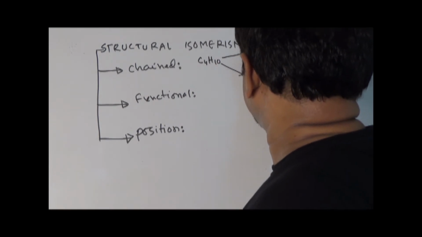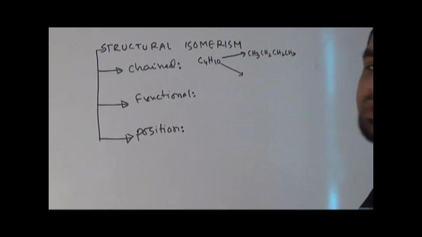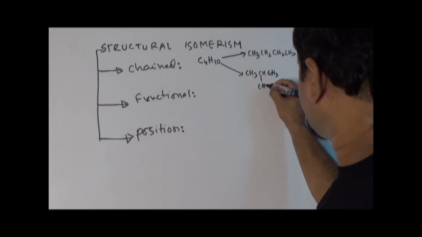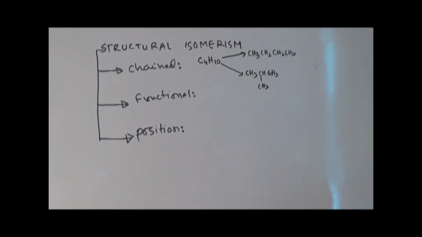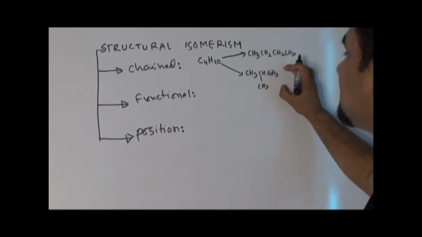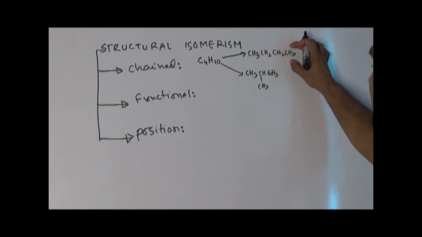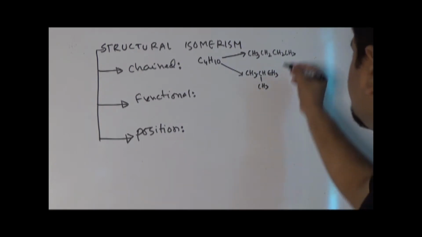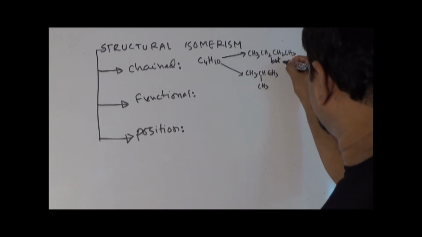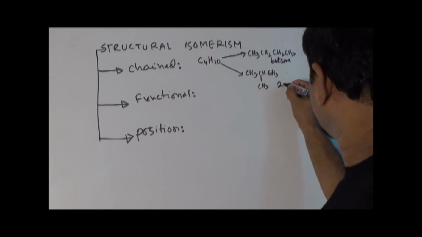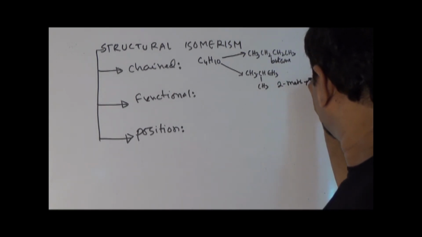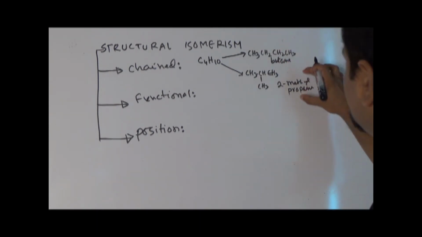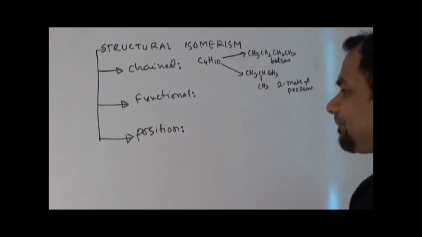The first one is normal butane. But this is also a structural formula of C4H10, with a different structure. The first one is normal butane and this is 2-methylpropane. This is normal butane, 2-methylpropane.